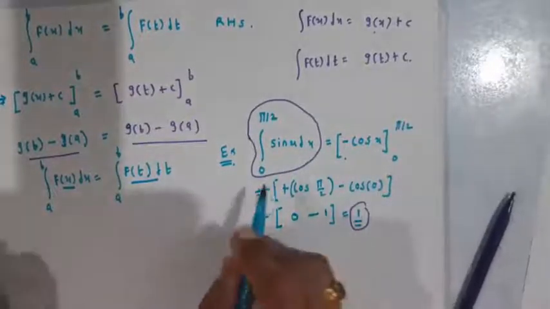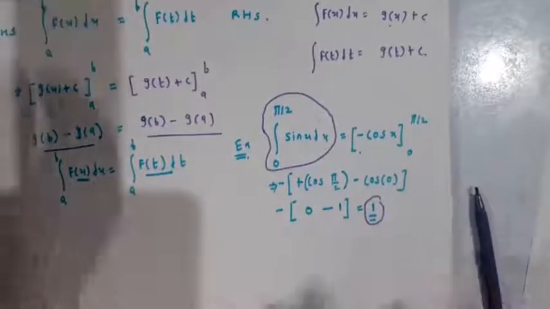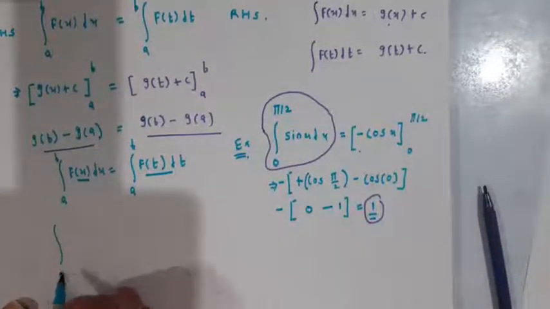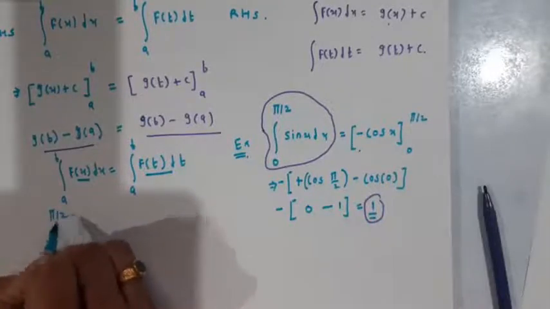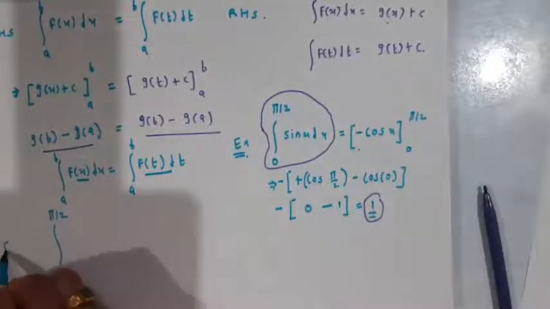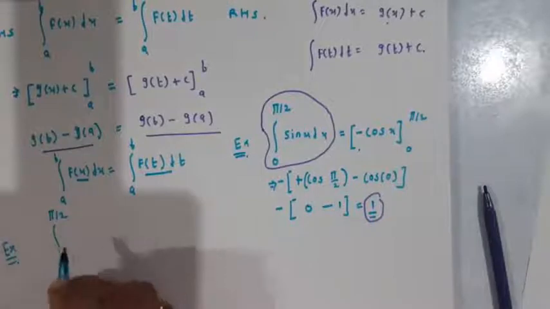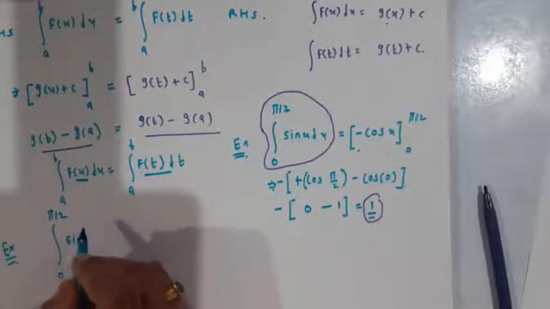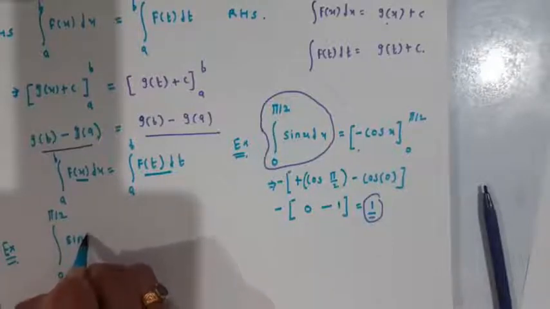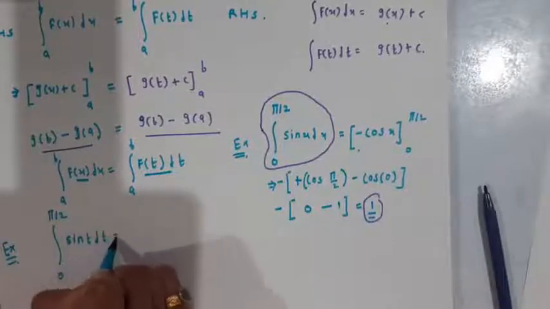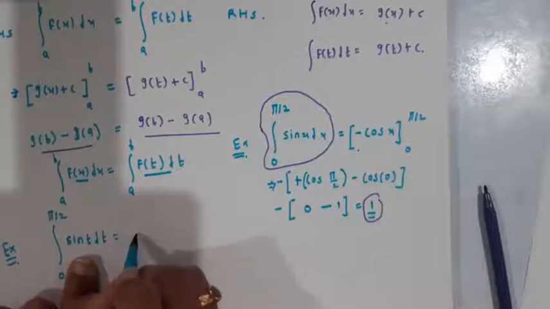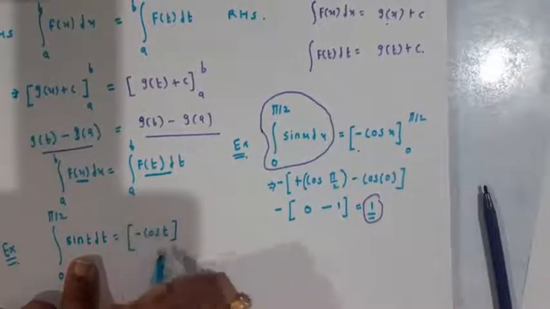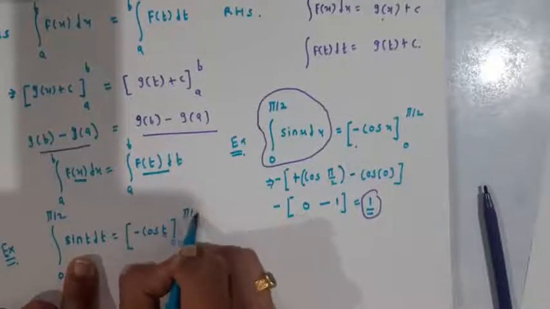Now let us change the variable and solve again. The integration from limits 0 to pi by 2 of sin of t with respect to t. We know that the integration of sin of t is minus cos of t, with limits 0 to pi by 2.